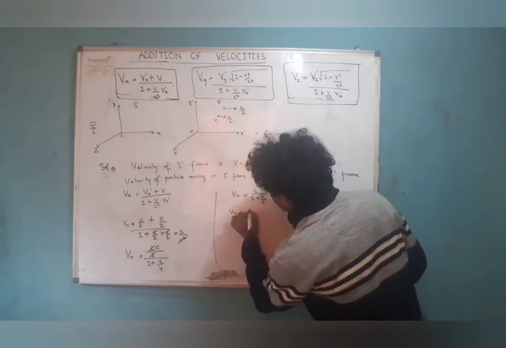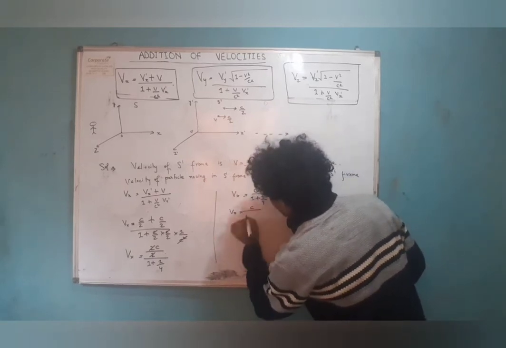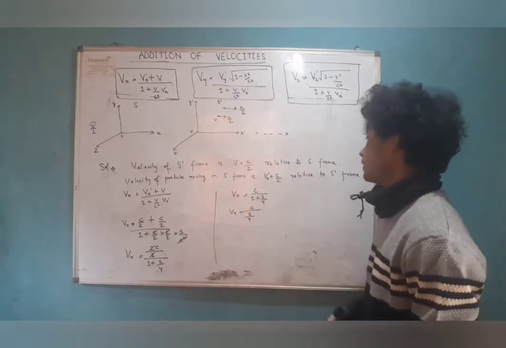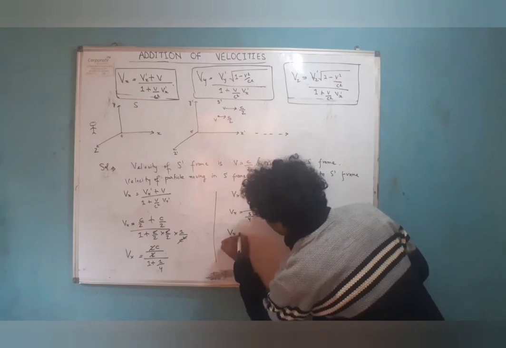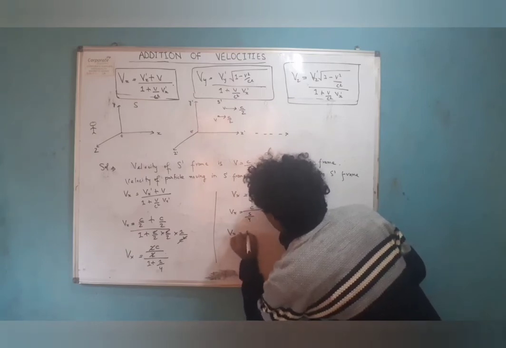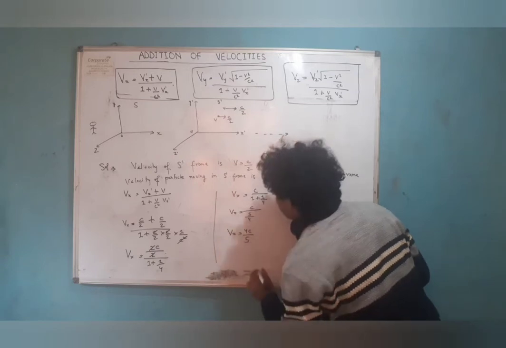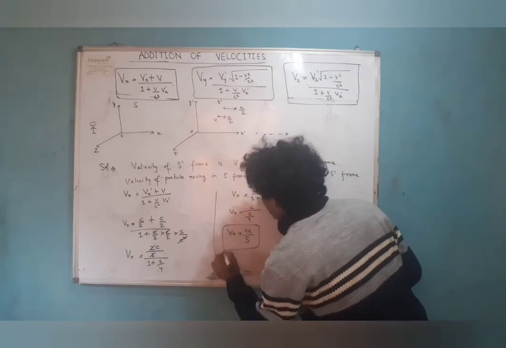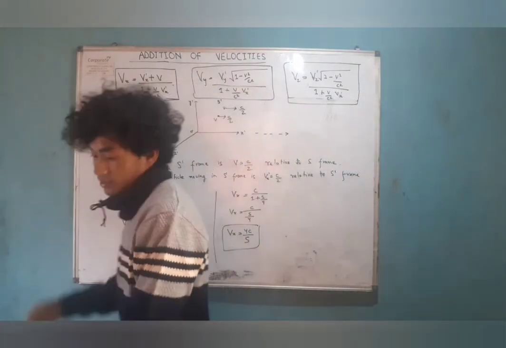Vx equals c, so by doing LCM, 4 by 5, so this comes up and we cross multiply. Vx equals 4c by 5. So this is the resultant. This is the velocity observed by this observer.